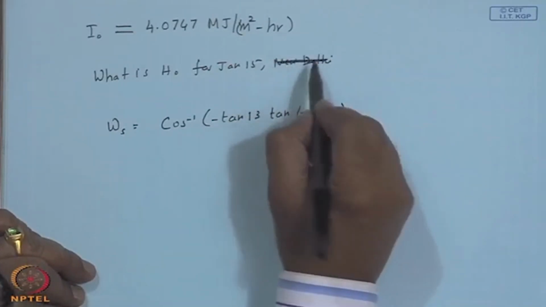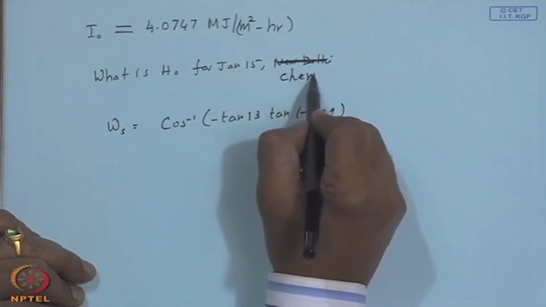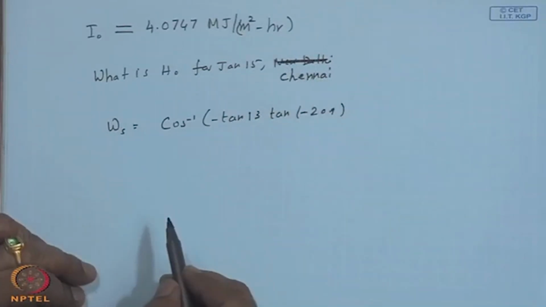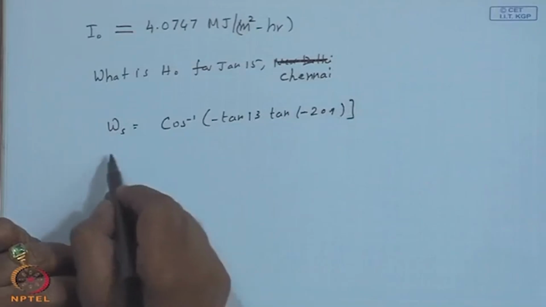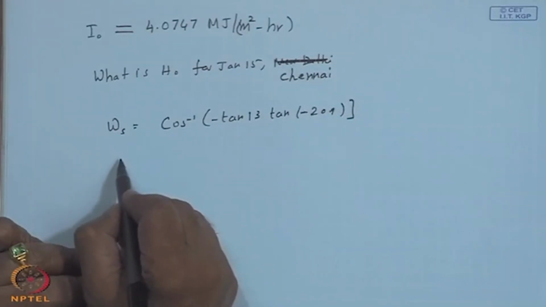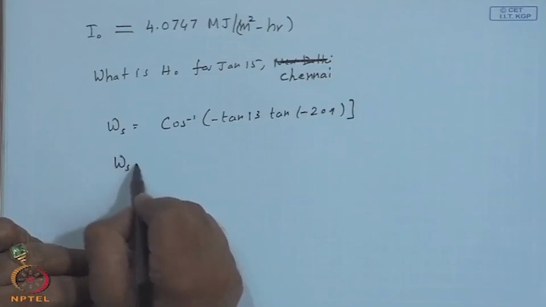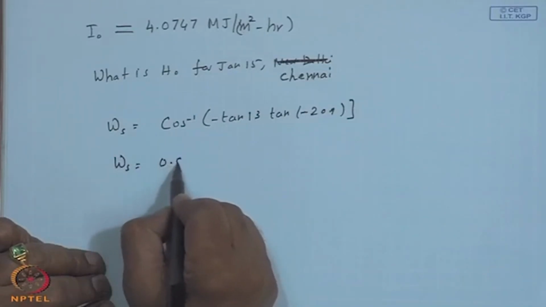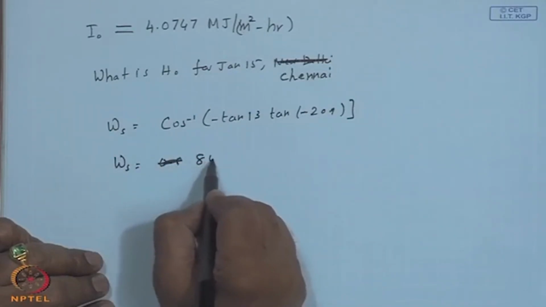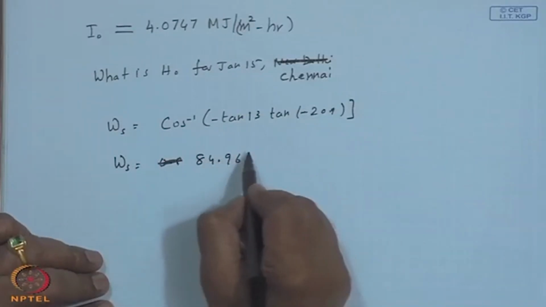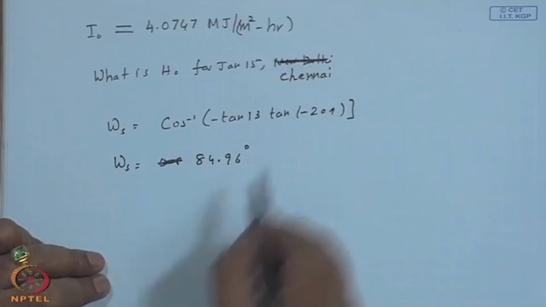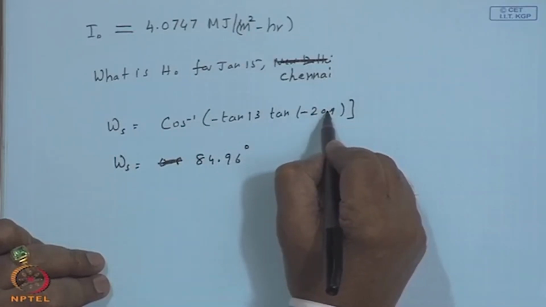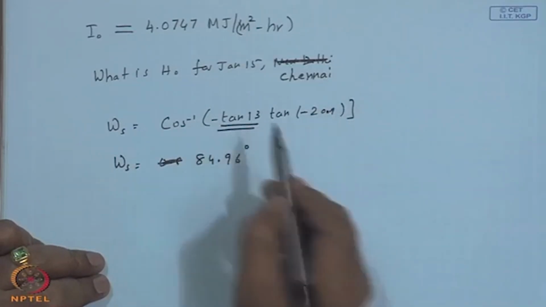So, you have got this omega s as 84.96 degrees. So, you can understand that this is January, but at a low latitude.